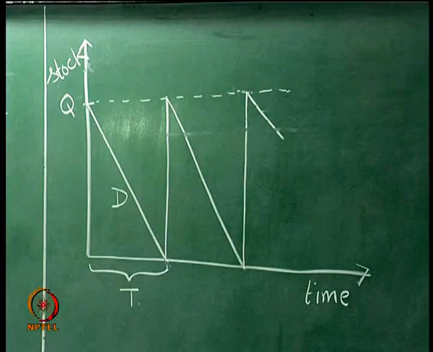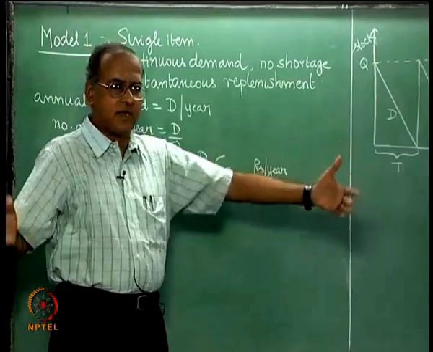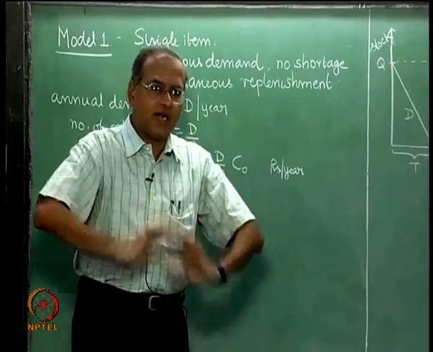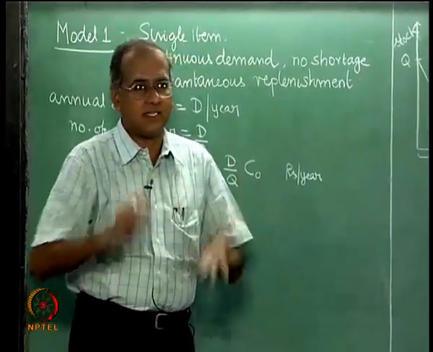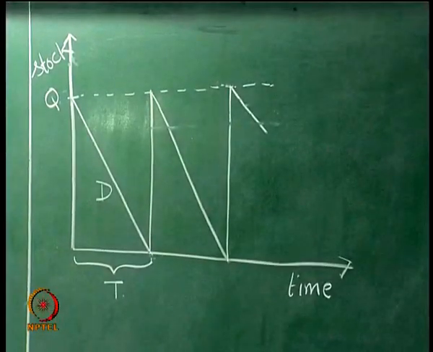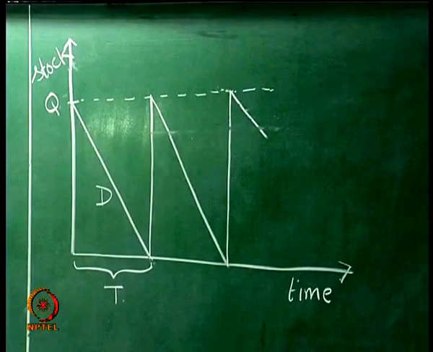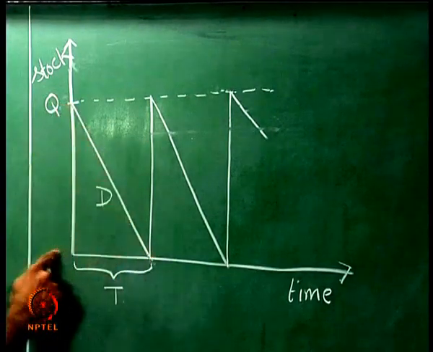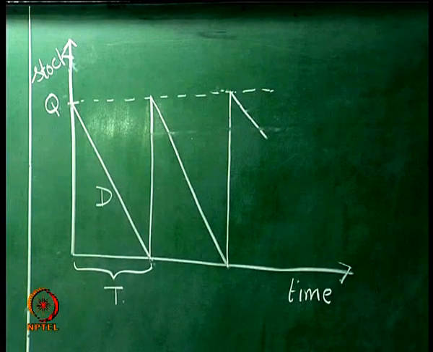Other way is to say that you take any period of time, find out the total inventory that you have, divide it by time to get the average inventory. So if you take one particular cycle, the total inventory that we have held during this cycle is the area of this triangle, which is half into base into height.